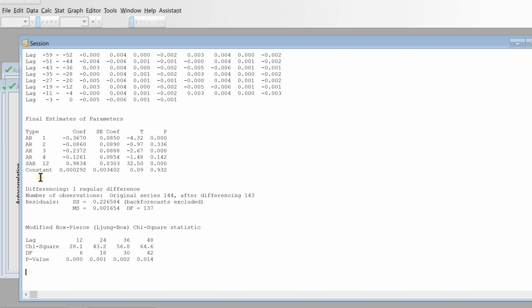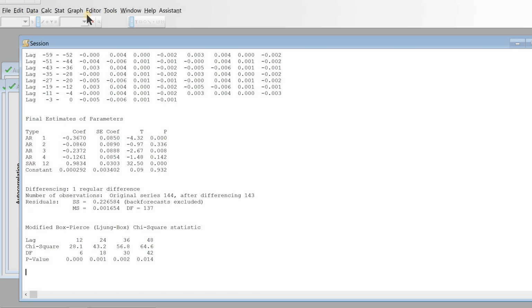So from here we know that the constant is not significant, so we can remove it. And then for AR, it is not significant for the second order, and also AR4 is not significant, so we should remove AR4 and AR2, which means that only AR1 remains.